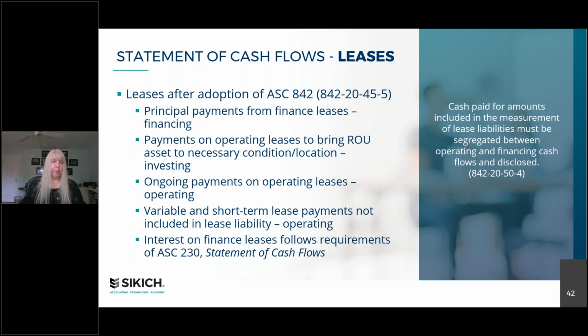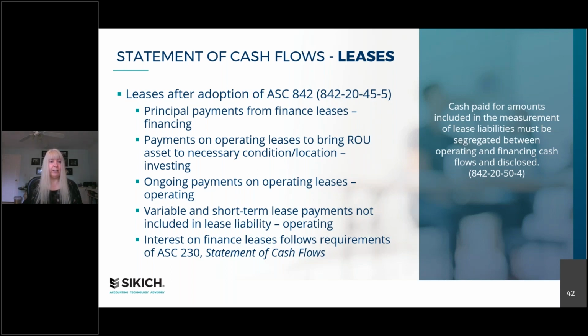I do want to talk a little bit about topic 842's effect on the statement of cash flows, because again, we're seeing financial statements being prepared for the first time with topic 842, and there is sometimes some confusion about where those payments go on the statement of cash flows for leases. So your principal payments on finance leases are still going to go in the financing section, same as capital leases were before.